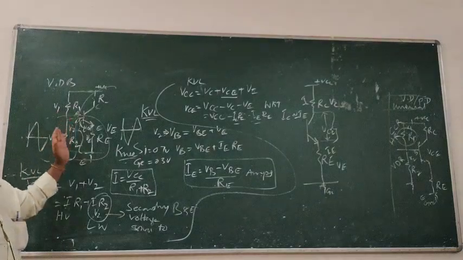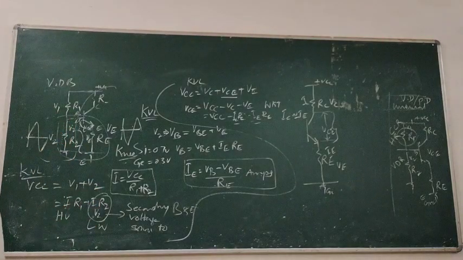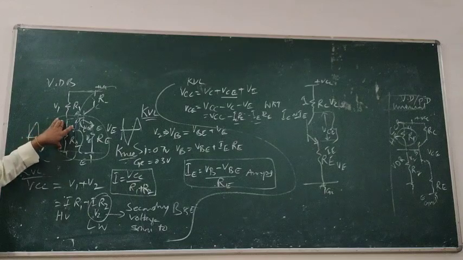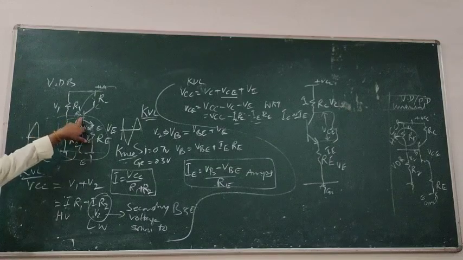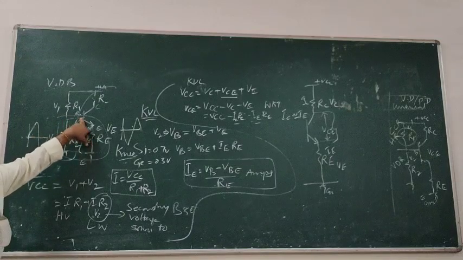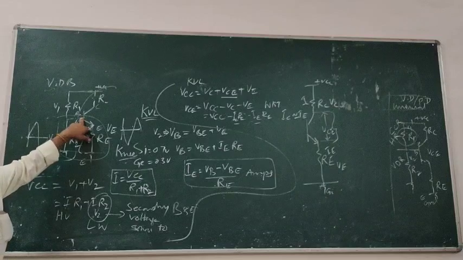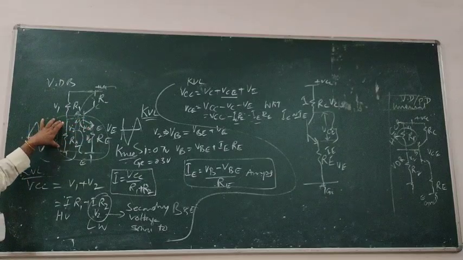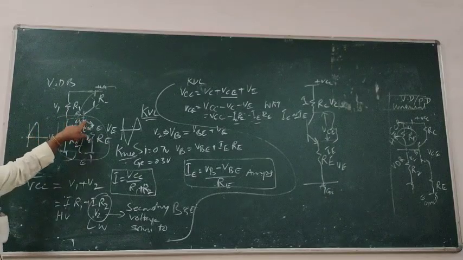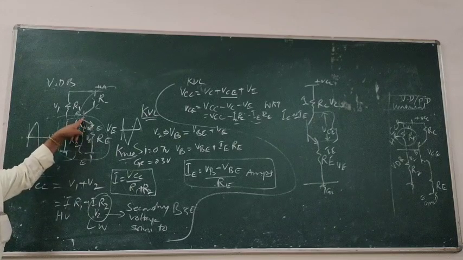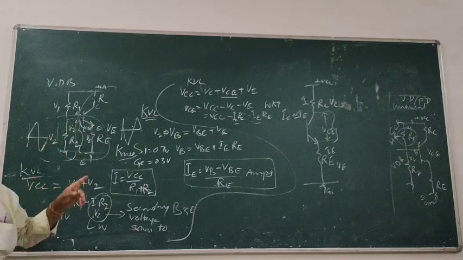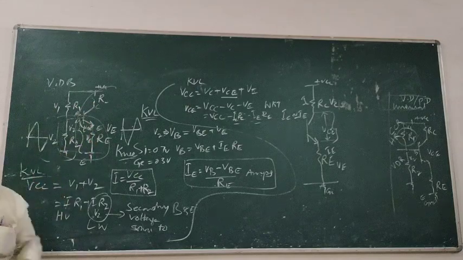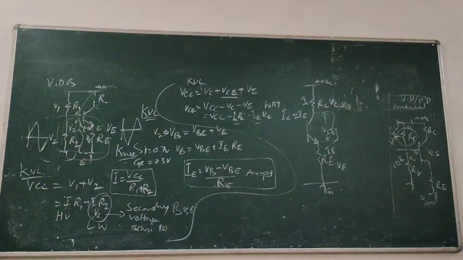So that's why the signal will get reversed. Do you understand? Up to this extent, it is a common emitter. Whenever the current reaches here, it becomes a common base. In common base, collector and emitter current are nearly the same. That's why we are choosing this.